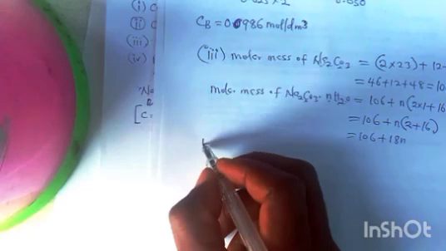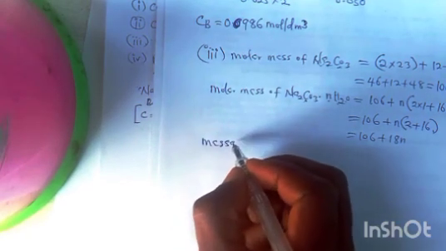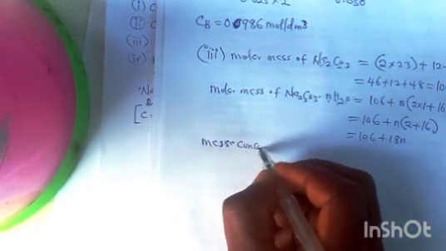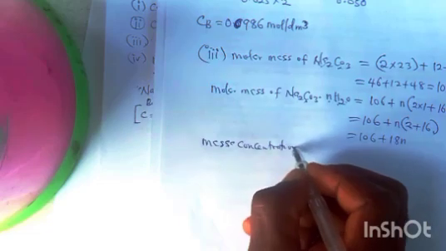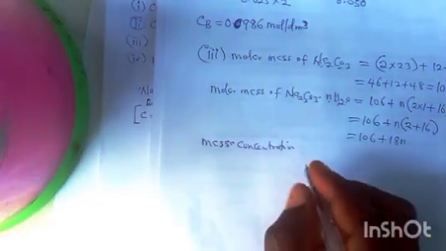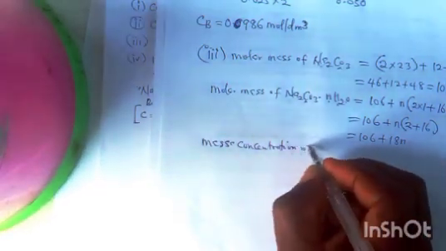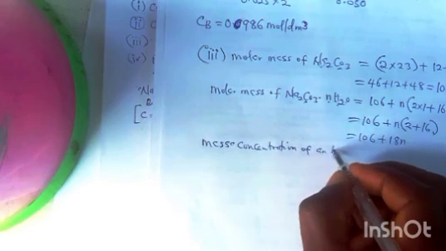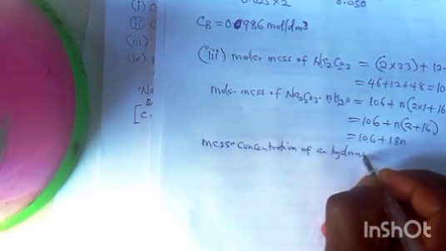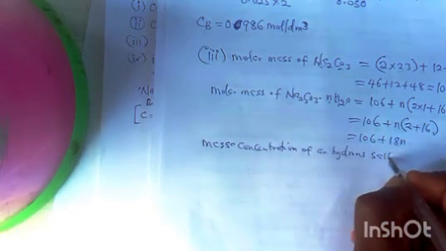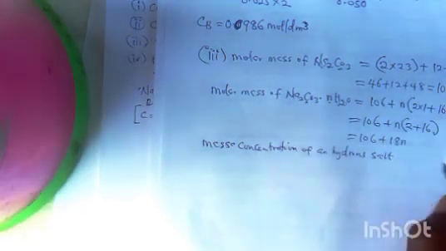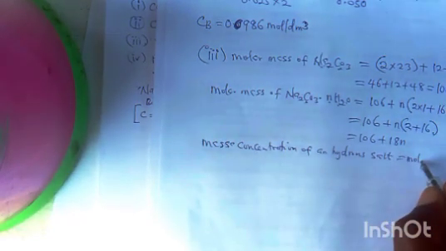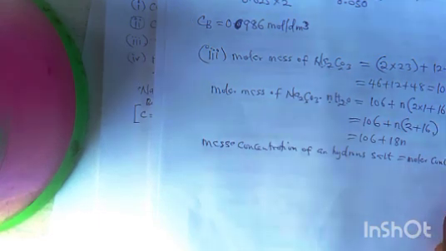Then we'll now go for mass concentration of anhydrous salt, which is equal to molar concentration multiplied by molar mass.